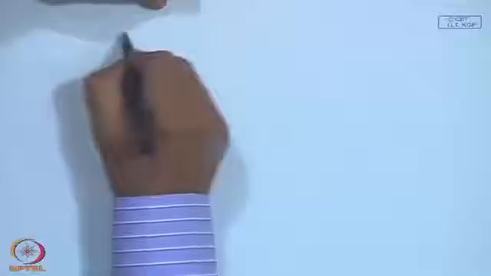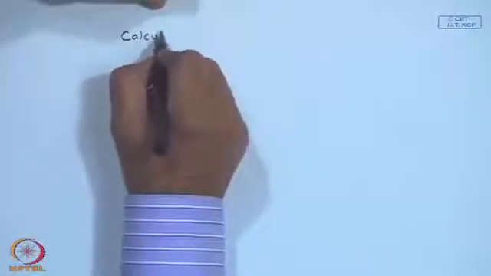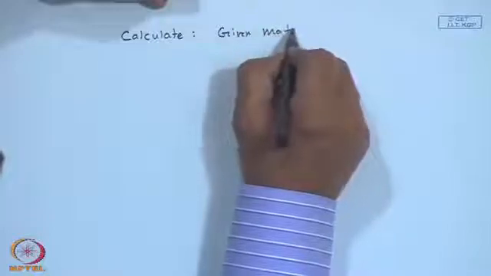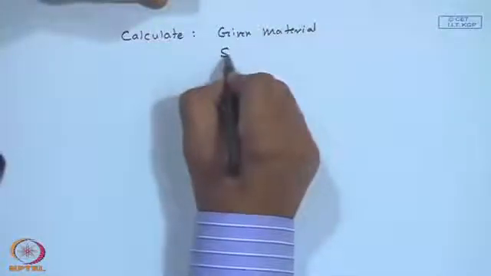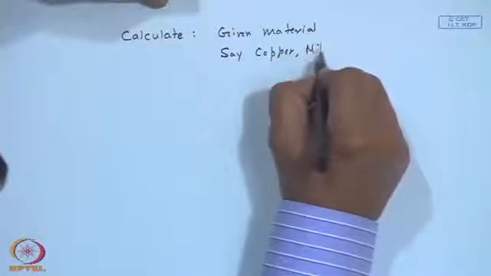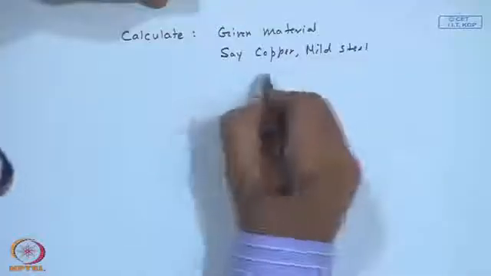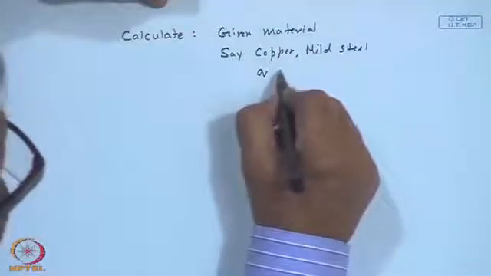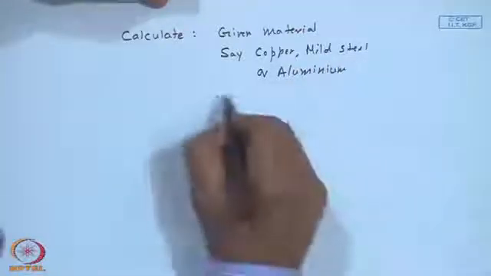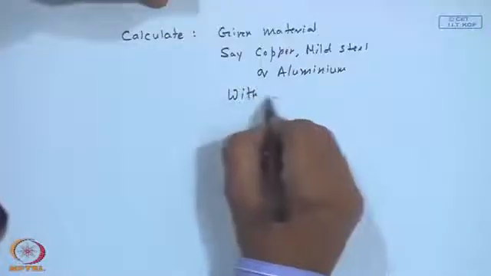The other method is simply calculate for a given material, say copper or mild steel or aluminum, with W, d, delta being same.